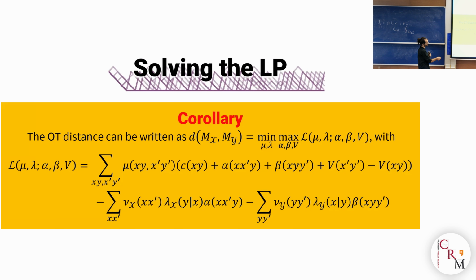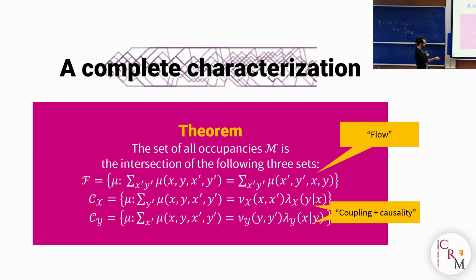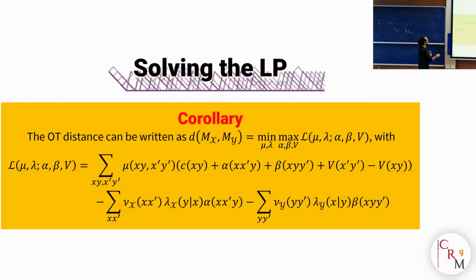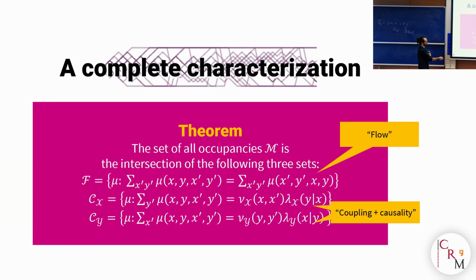If I reorder this, I arrive at this function, which is some horrible function of mu, my other primal variable lambda, which appears over there, and the dual variables alpha, beta, and v, where alpha corresponds to this first coupling constraint, beta corresponds to the second coupling constraint, and v corresponds to the flow constraint.